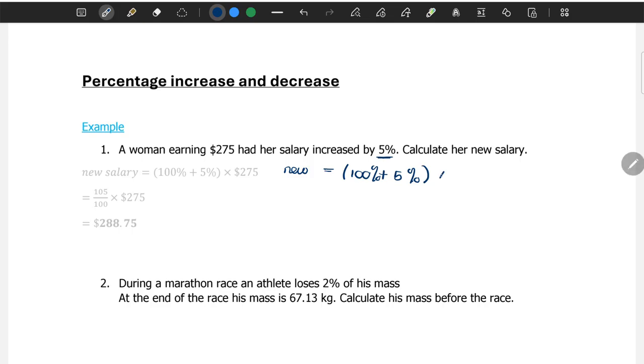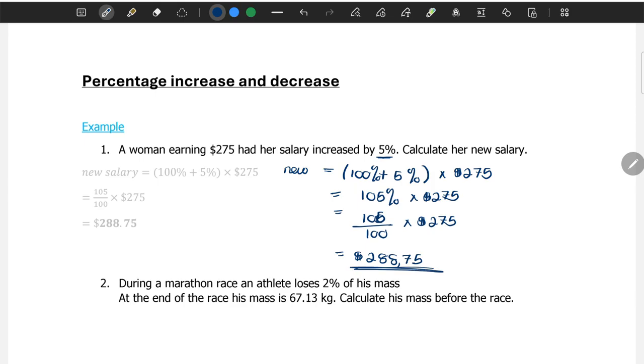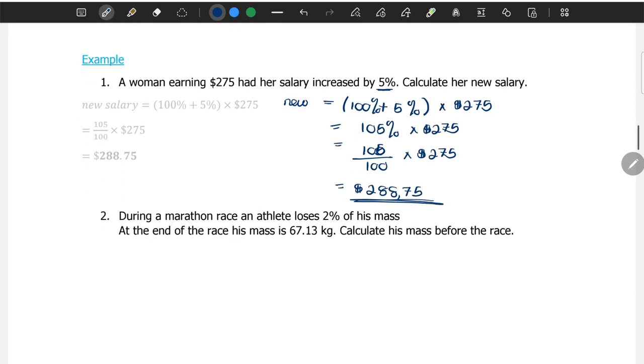So now she's getting 105% of $275. And knowing percentage, this is going to be 105 over 100 times 275, which is going to give us $288.75. So that's how we approach that.